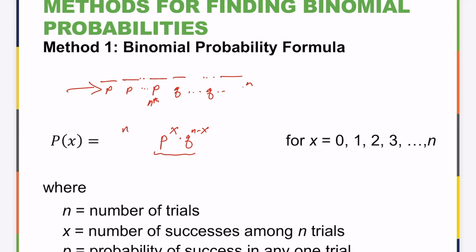And so we're going to put this term up here, which counts the number of possible ways this could be rearranged. So this is the number of ways one gets X successes.